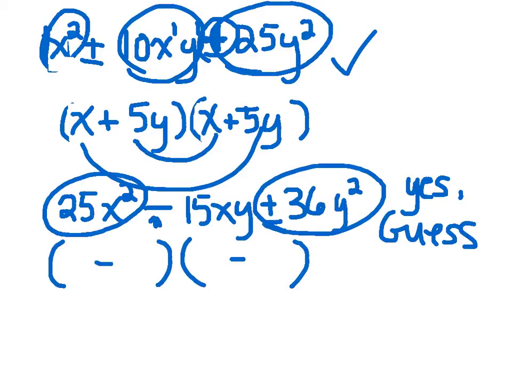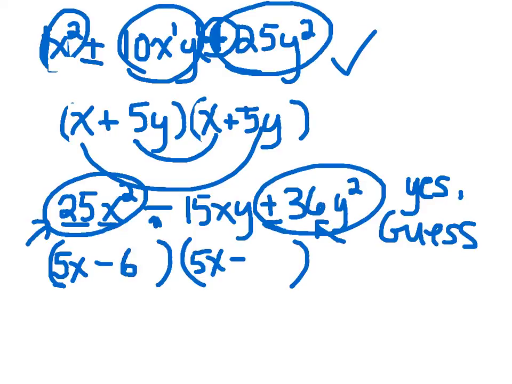My guess is going to be the square root of this, which is 25x squared. The square root of 25x squared is 5x, because the square root of 25 is 5, and the square root of x squared is x. So I'm going to put the square root of the first term in the place of the first terms of the binomials. Now I want to do the same thing: what is the square root of 36y squared?